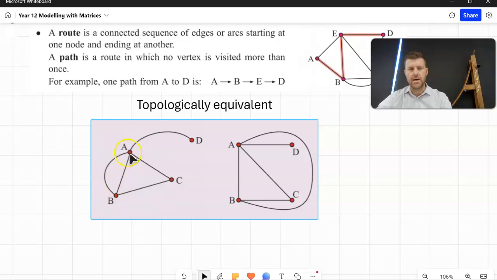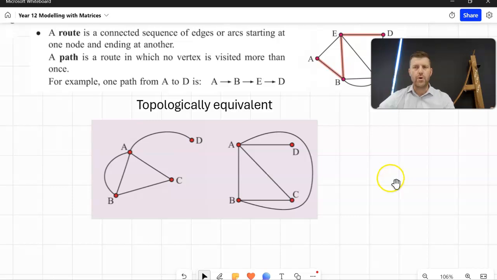There is an edge from A to C, and there is an edge from A to D. Now, if I look at this one, it shows the exact same information. There are two edges from A to B, okay, one there, and one all the way around the outside. There's one edge from A to C, and there's one edge from A to D, and D doesn't have any more edges attached to it.